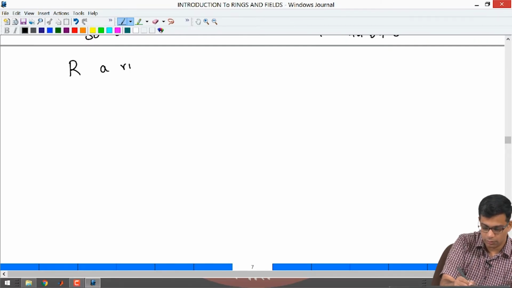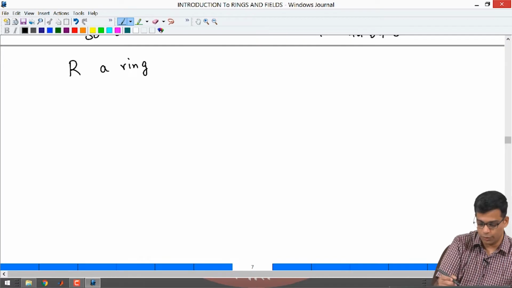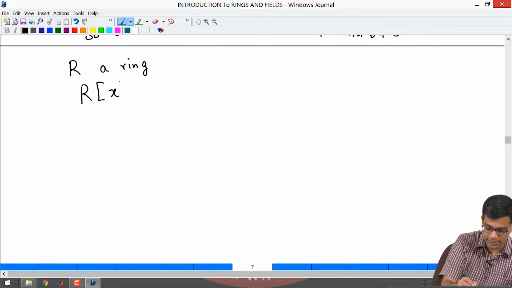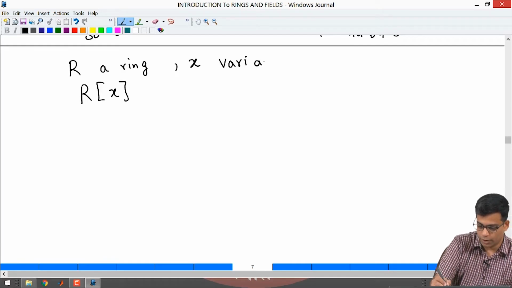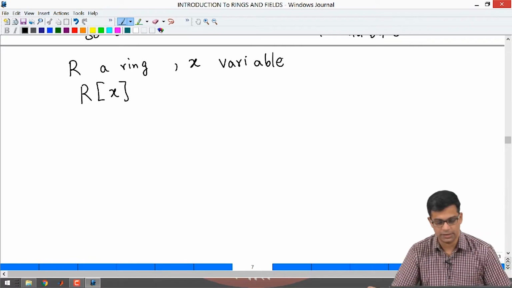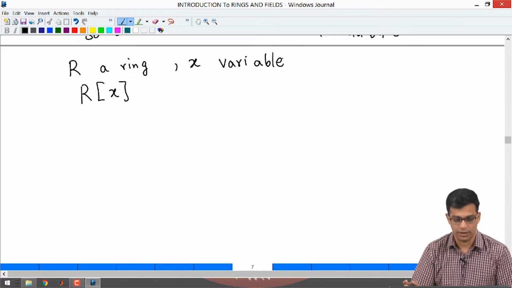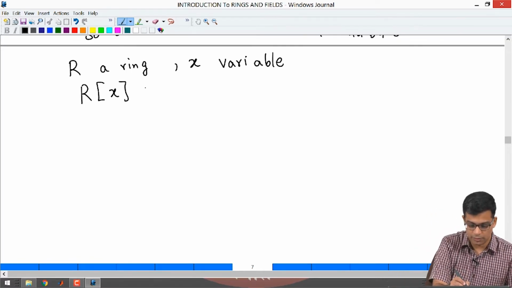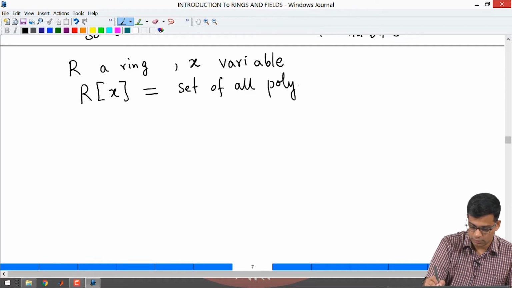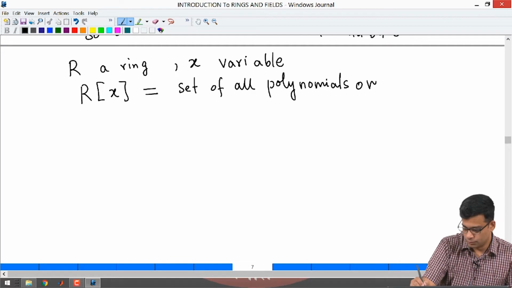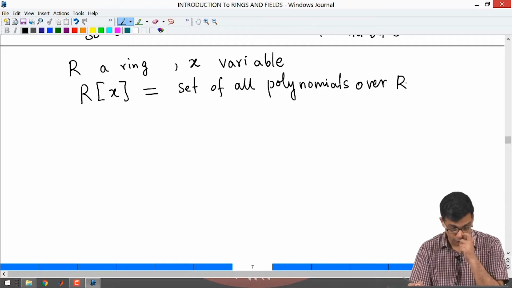Okay. So if R is any ring, remember, we used the notation R[x], where x is a variable. Remember, I told you that variable means it's just a symbol, it has no meaning. So this is the set of all polynomials over R. So I told you what those are.